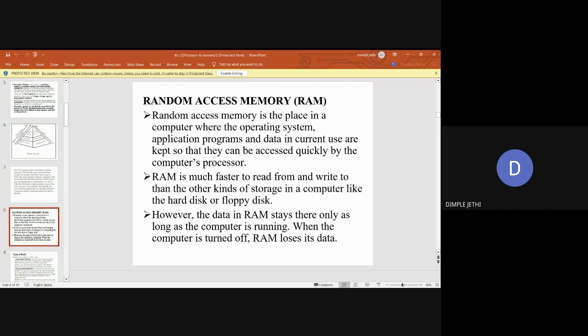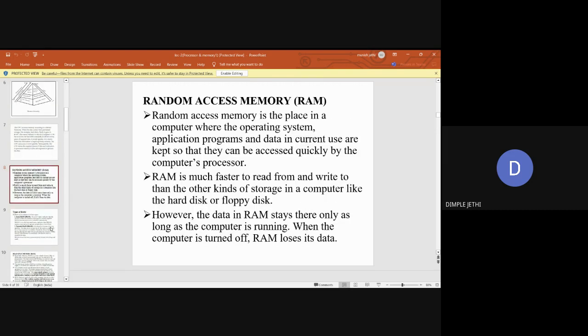It is faster than the hard disk, but the disadvantages are that it is more expensive than the hard disk, its storage is less than the hard disk, and it is not permanent storage. It will store only till the power is on. If the power goes away or your system gets switched off, the data will be lost.